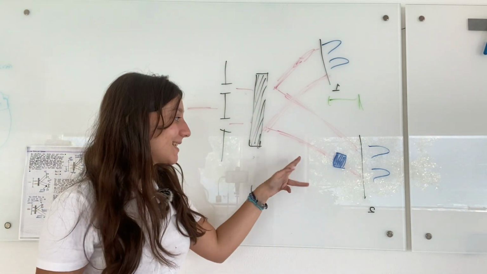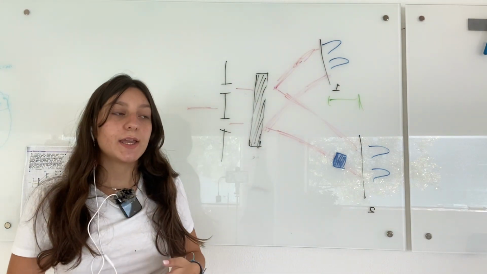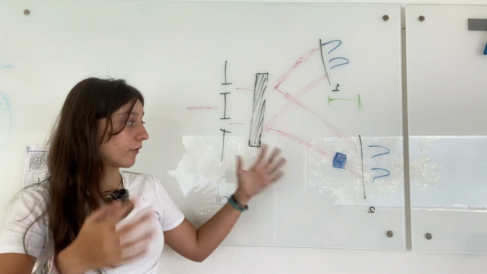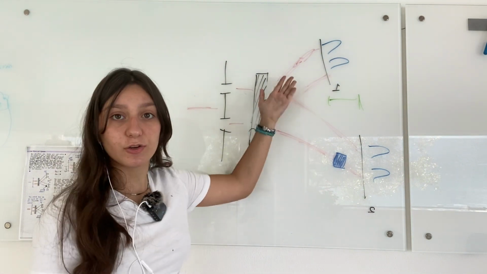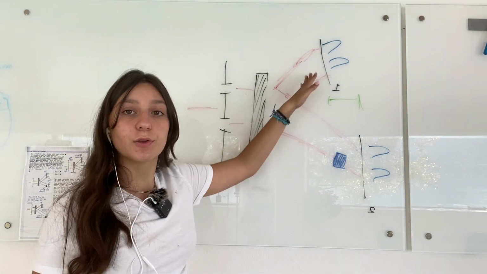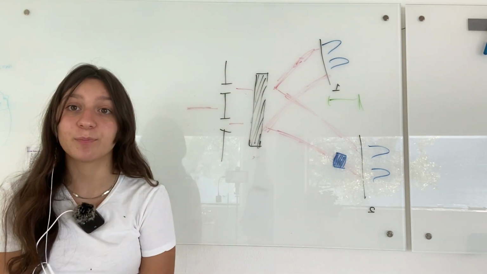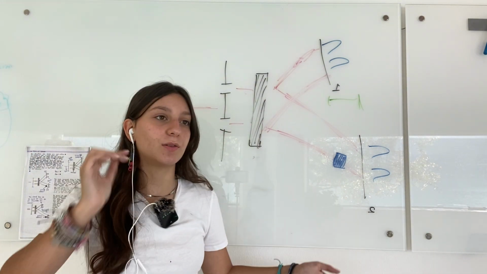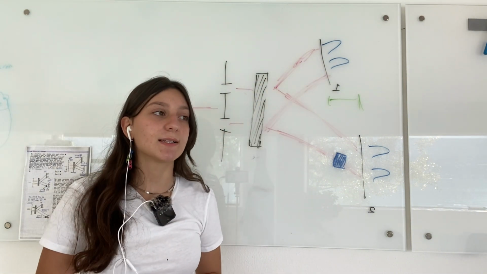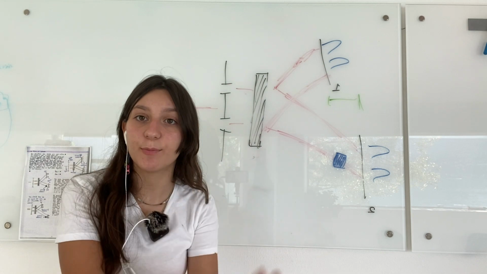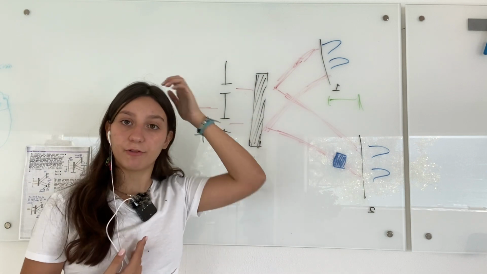But no, because since these two are brother and sister, since they are all related, if I interacted with this one, the brother is going to change. Also the twin is going to change. But it's incredible because it's like it went back in time, before even the brother could reach the screen, and it's like, hey, act as a particle because I'm going to be detected, as there is a detector in front of me.